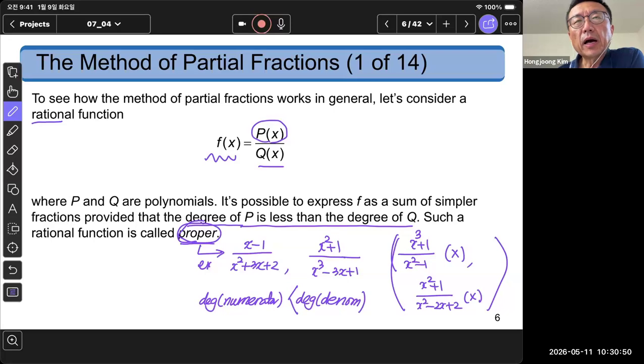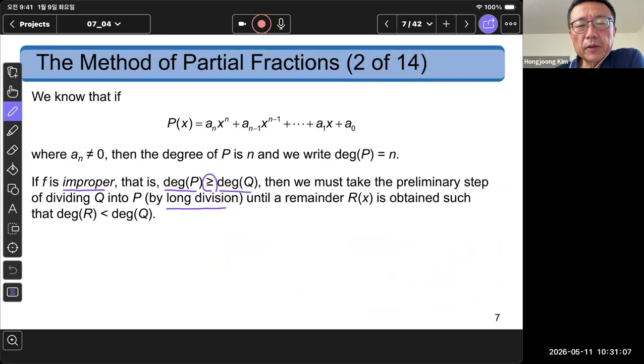If needed, I can perform the long division so that I can convert the rational function into a proper rational function. If the degree of the given rational function is less than the degree of the denominator, in other words, if it is a proper rational function from the beginning, then you don't have to perform the long division.